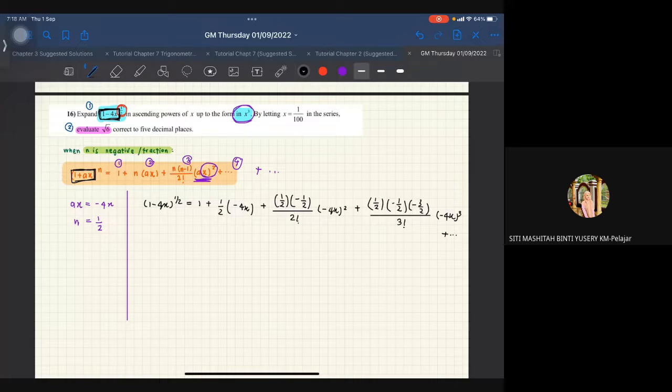Kenapa tambah dot dot dot? Sebab dia boleh pergi jauh lagi, dia boleh pergi sampai infinity. So that's why soalan dia akan minta up to a certain term sahaja. Dia tak akan minta awak expand forever sebab dia tak akan pernah habis.